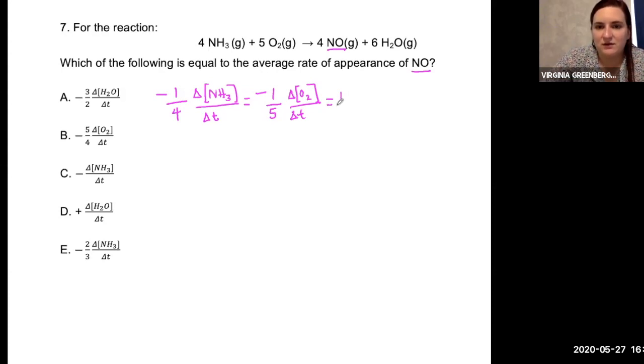We'll do 1 over the coefficient times the change in its concentration over time, equal for our next product, positive again because it's appearing, 1 over its coefficient times its change in concentration over time.